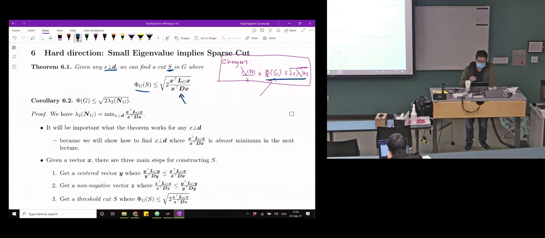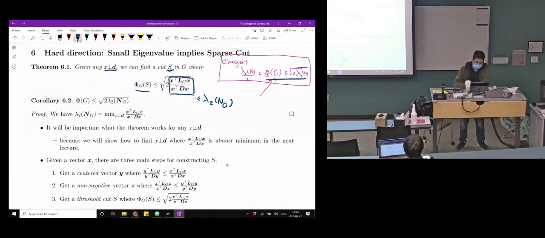And we know there is an x such that this ratio is at most lambda 2 of the normalized Laplacian. That's why it's enough to prove this theorem. There were several steps.